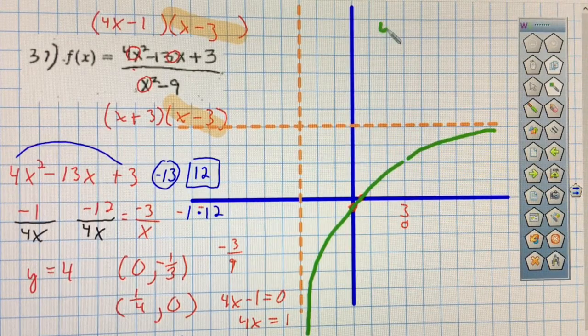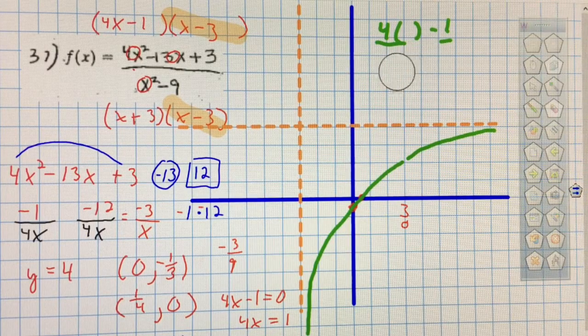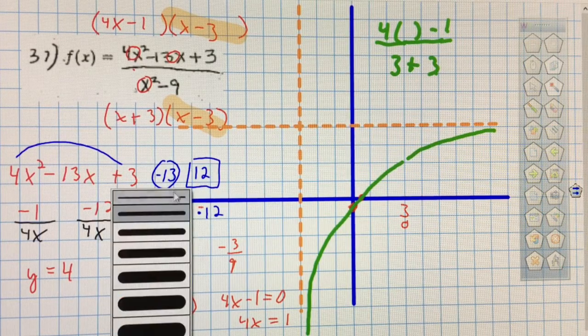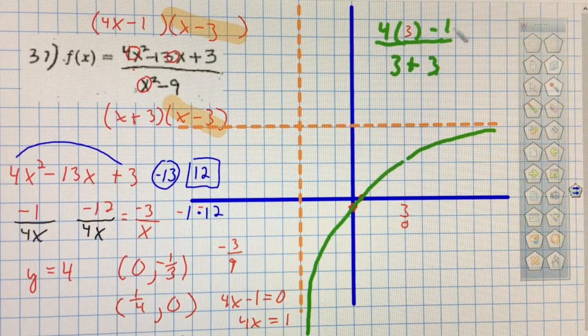So if I have 4 times 3 minus 1 over 3 plus 3, I have to put it in the simplified form. So when I put my 3 into the simplified version, that's 12 minus 1, that's 11 over 6. 11 over 6.